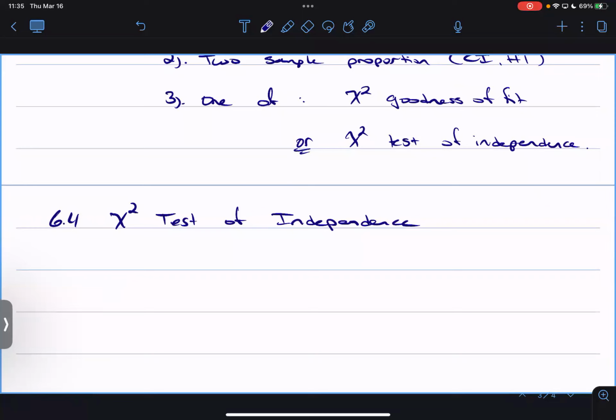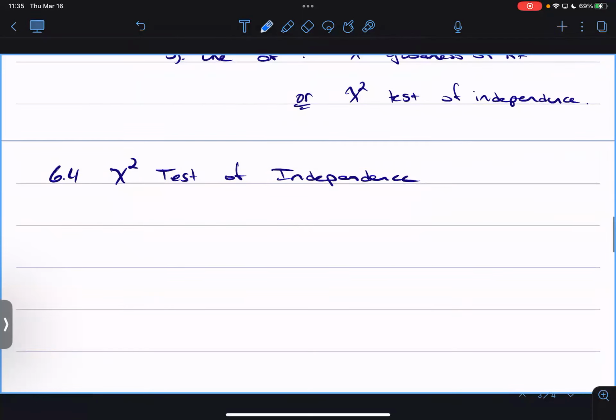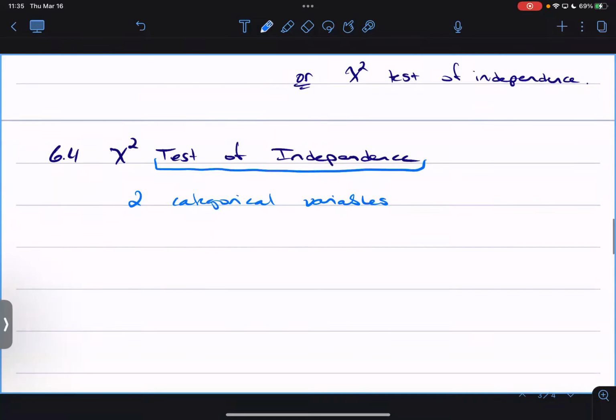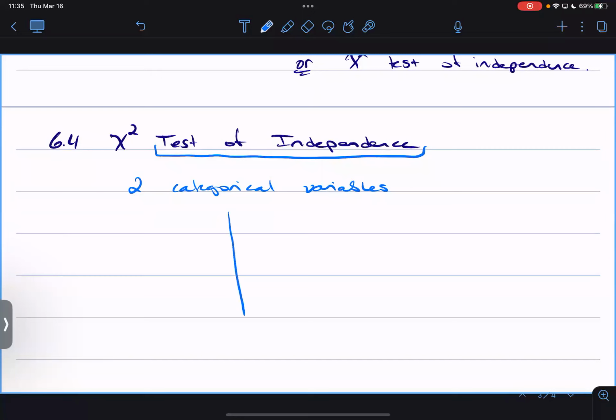A test of independence is when we have a 2-way table, which means that we have 2 categorical variables, right? And so a test of independence is for 2 categorical variables, which might look something like this, right? And so you have variable number 1 with category 1, category 2, and category 3, for example.